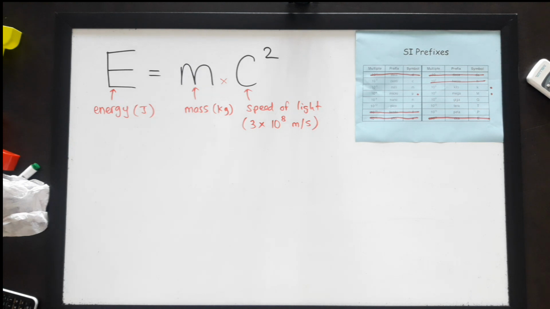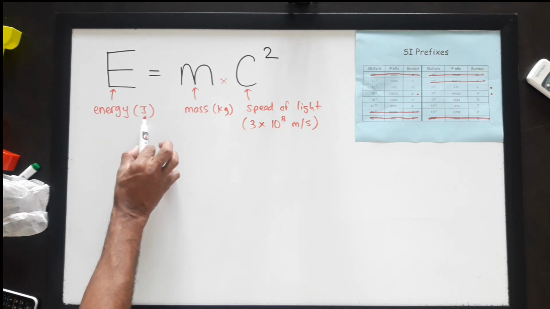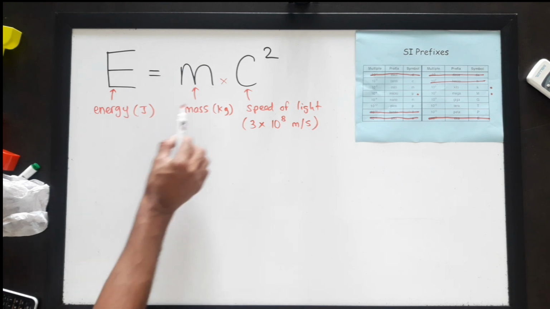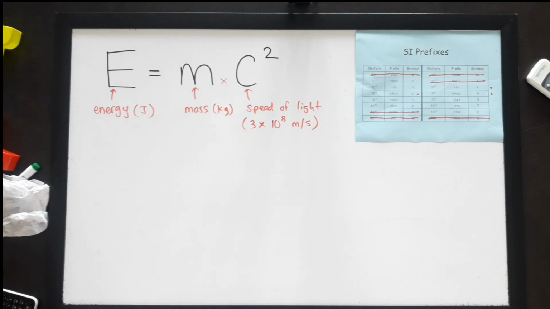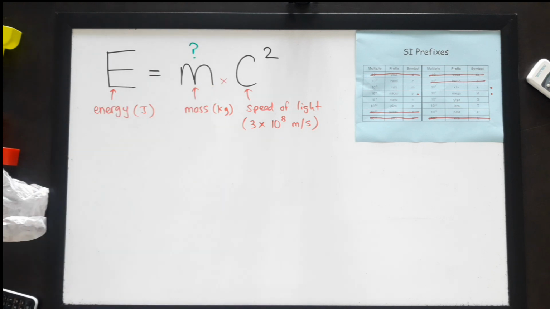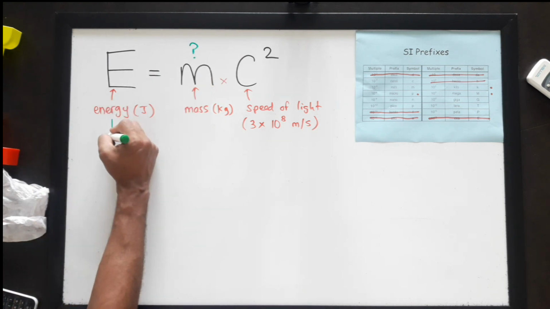So for this formula to work, the energy should be given in regular joules. Energy is measured in something called joules, capital J. The mass has to be in kilograms. So let's say that the examiner wants us to find in this question the mass. So he gives us the value of the energy.